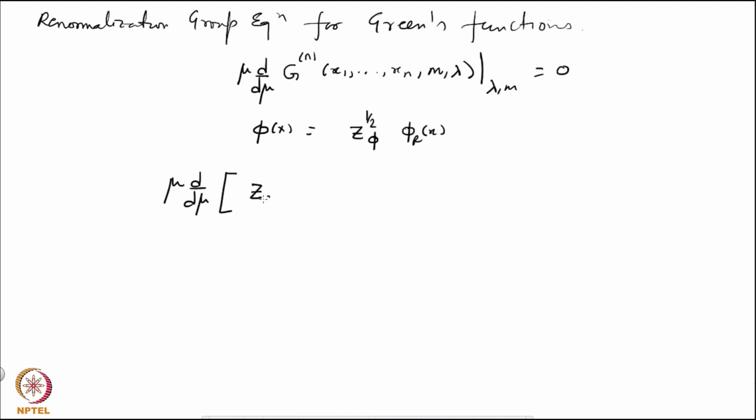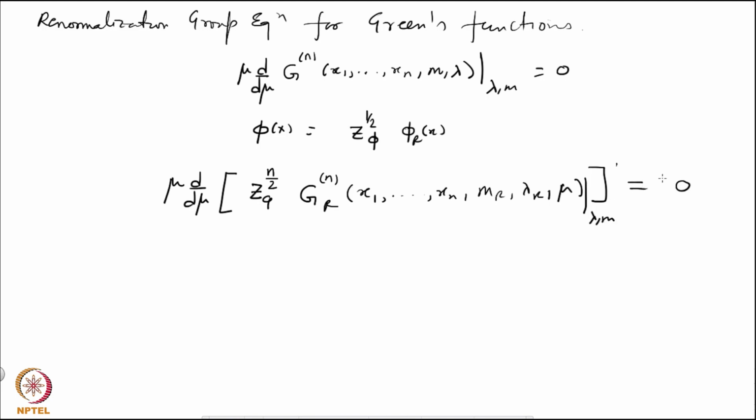So for each phi you write a Z^(1/2), which brings Z^(n/2), and then you have G_n renormalized of x_1 to x_n, then m_r, lambda_r, and now it depends on mu as well. But when I do all this, the Green's function should be evaluated at fixed lambda and m, so that I do not change the theory as I change mu.